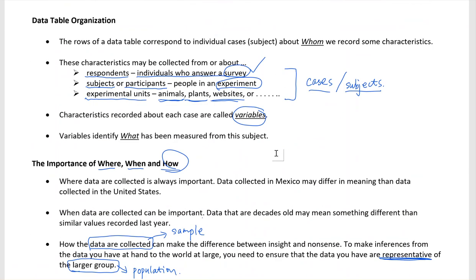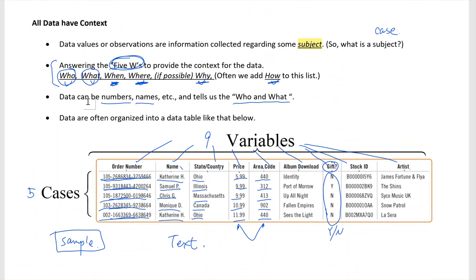And then we say we have five W's, which are the important things for us when we have a data table. We need to know who we are collecting from, what we collect, what kind of information we collect for each case, right? So we say the who and what. These two W's can be shown from the data table, but the other three, when, where, why, and even how, should be included when we have a data table, because these four are also important.